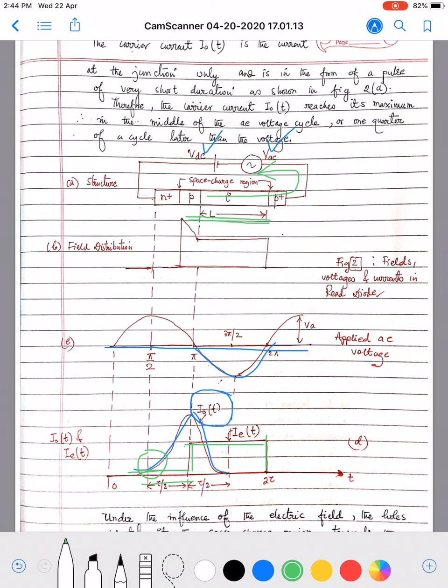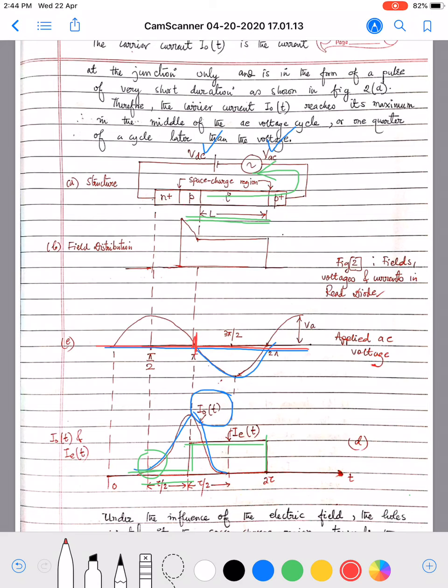See that the pulse is generated beyond the critical field. Now when will the pulse reach its peak? When the pi phase of the AC signal has arrived, because beyond that there is no growth as the AC signal is going down.